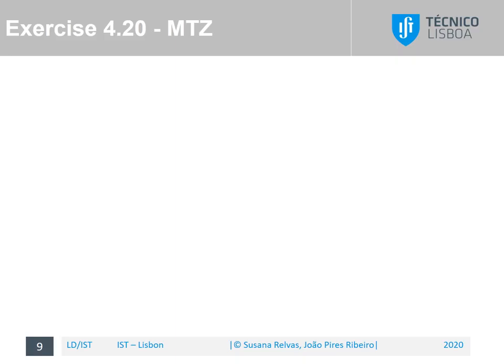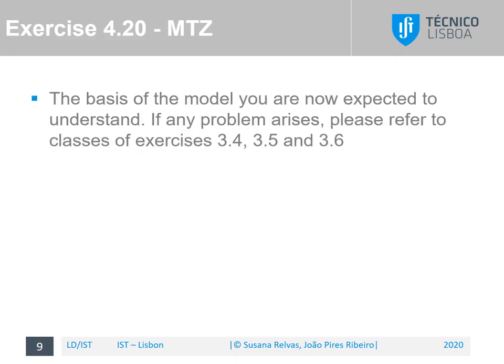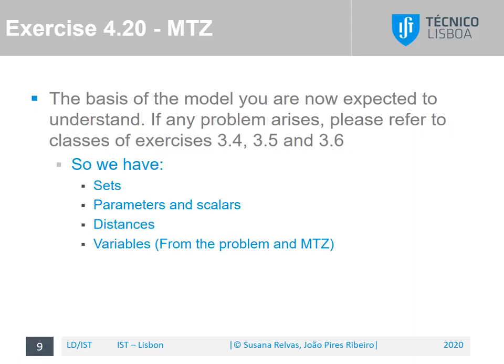We have 4.20. 4.20 will just present MTZ and hope that you find it interesting enough to do the Dantzig on your own. The basis of the model you are expected to understand, because it's pretty similar to what we have been doing in 3.4, 3.5 and 3.6.